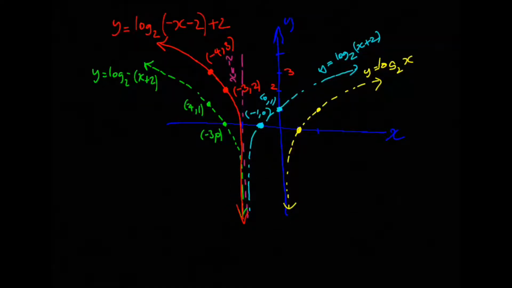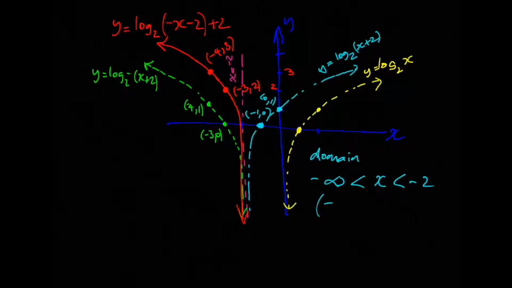Okay, lastly, looking at the red graph, y equals log to the base 2 of (negative (x plus 2)) plus 2. The domain, so that's the x values, is negative infinity is less than x is less than negative 2.